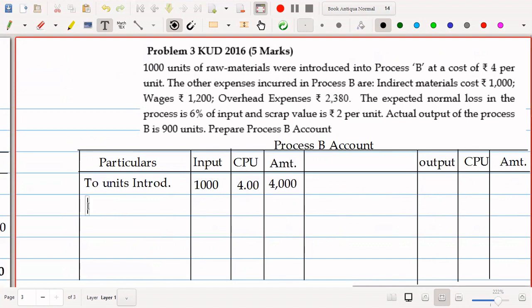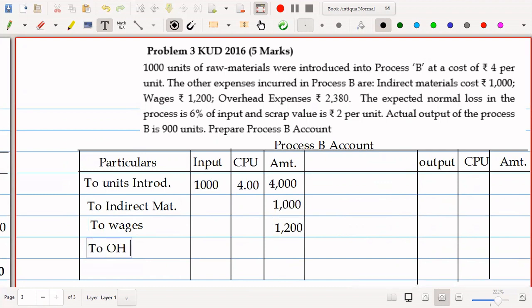Let's take the costs: to indirect materials. What's the amount given? That is 1000. And next, to wages. What's the amount given? 1200. And next, to overhead expenses. It's 2380.